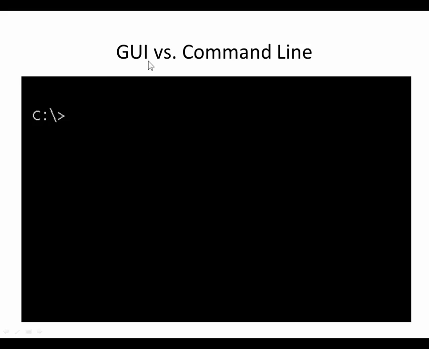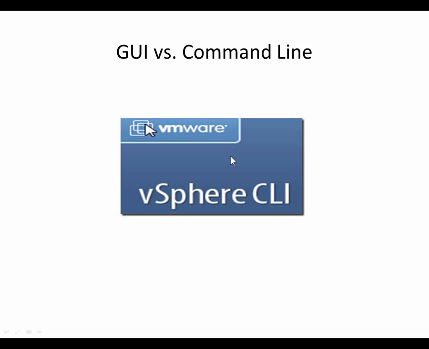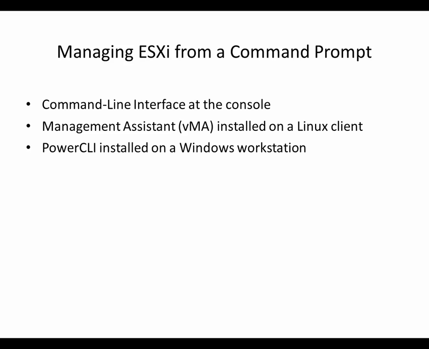Everybody knows what the graphical user interface is, and it's much easier to use, but frequently we use the command line to configure our ESXi hosts. The vSphere CLI command line interface is a group of commands used to manage a vCenter server. There are 3 products that allow us to manage the ESXi host in the command prompt.